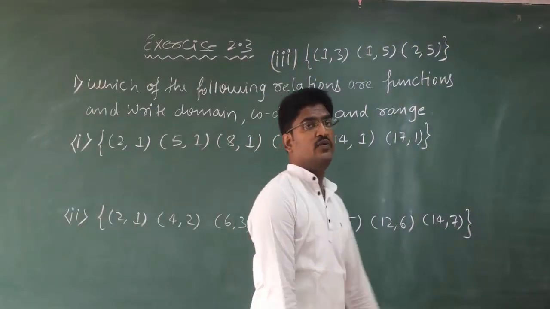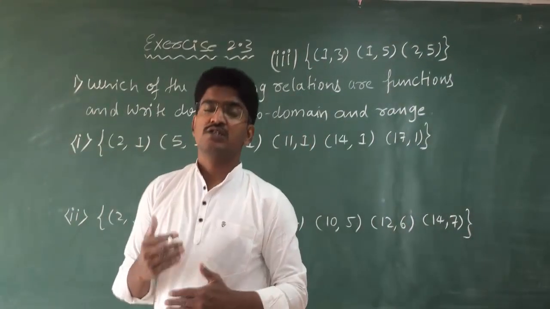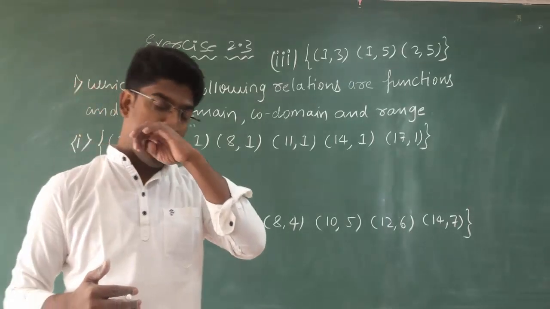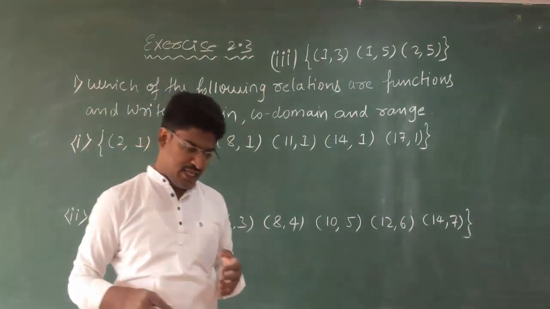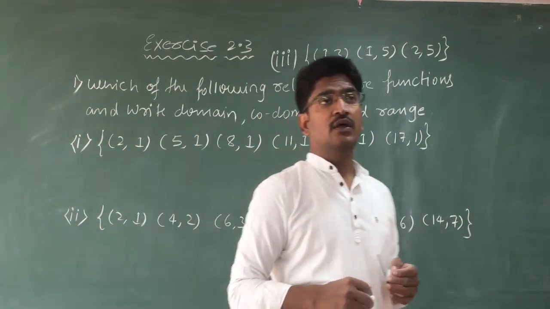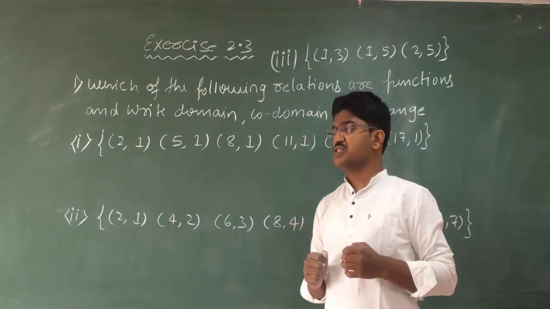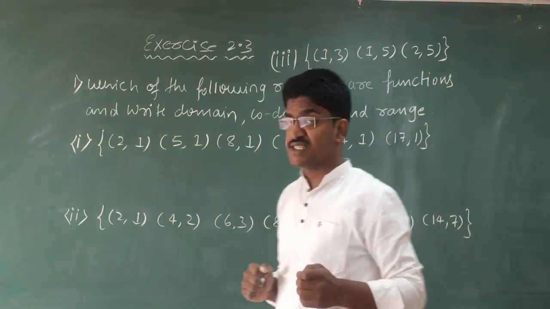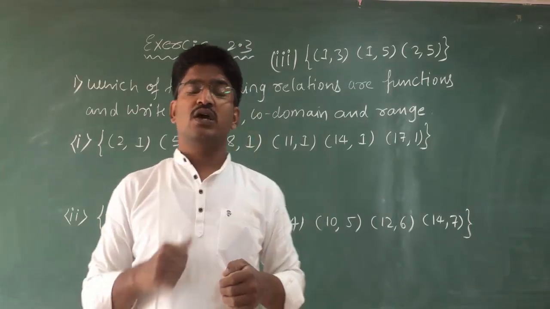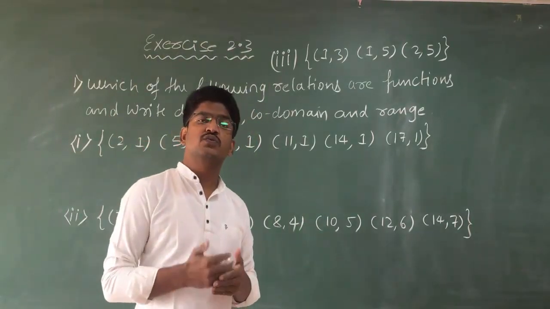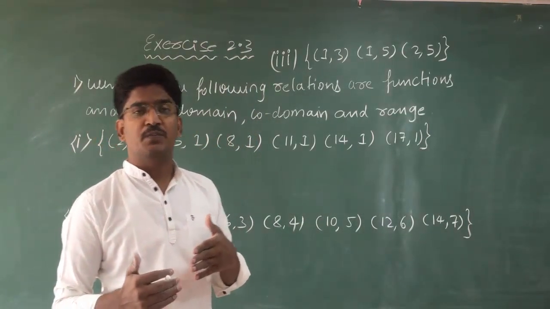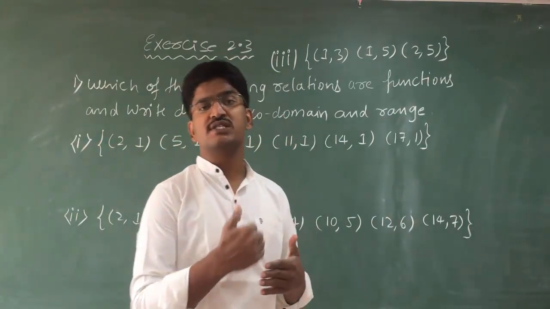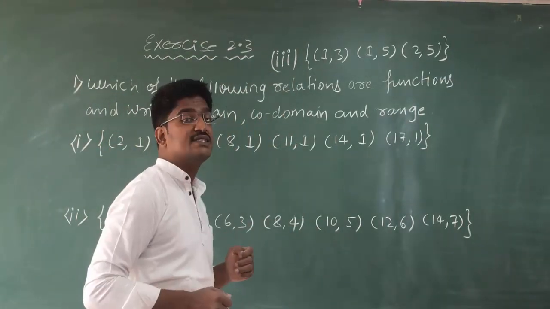Students, in the previous class we have seen some of the important functions and their graphs. Clear? So in this class I am going to start exercise 2.3. Every theoretical thing which we have done in the previous classes, I am going to use in this exercise.